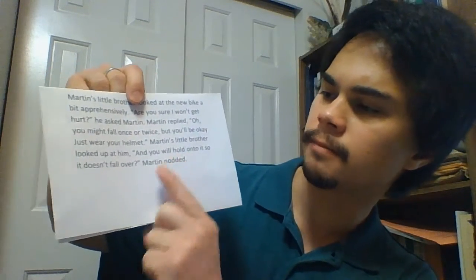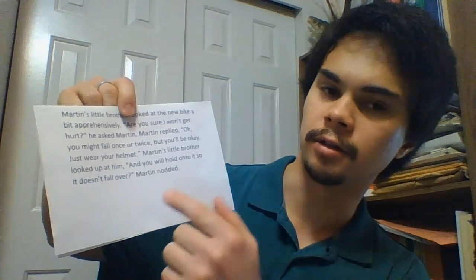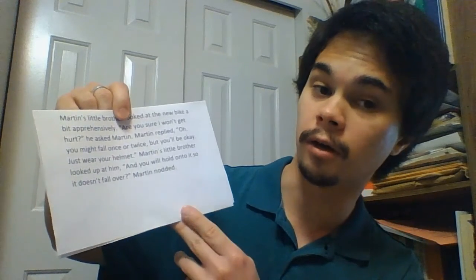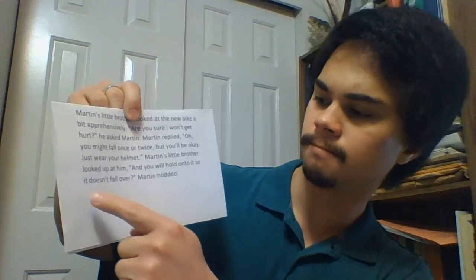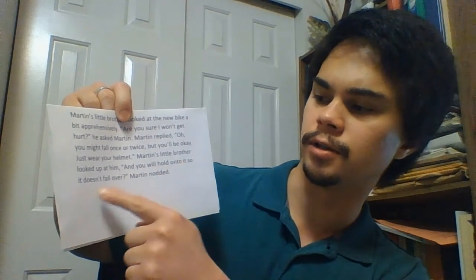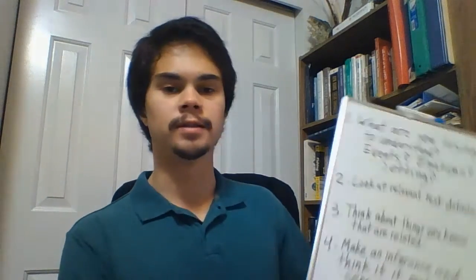Okay, let's keep going. Martin says, "Just wear your helmet." So a helmet helps you keep from getting hurt when you fall off a bike. Okay. And Martin's little brother is also saying, "You will hold on to it so it doesn't fall over." So probably saying, "Will you hold on to the bike?" And Martin nodded. Okay, those are the relevant text details.